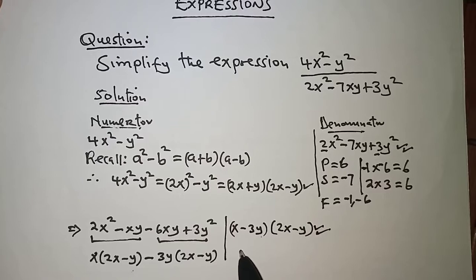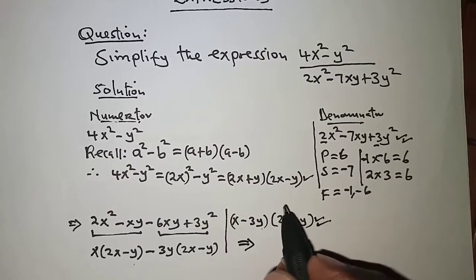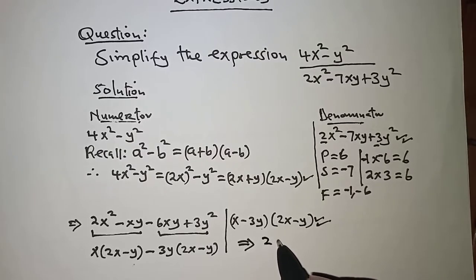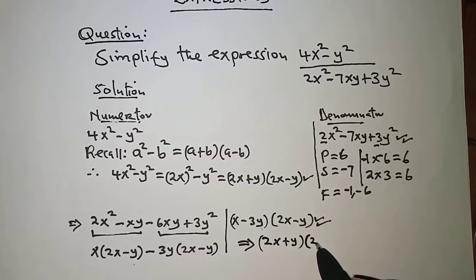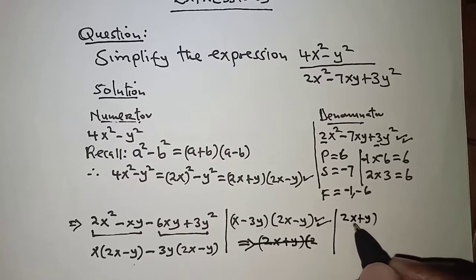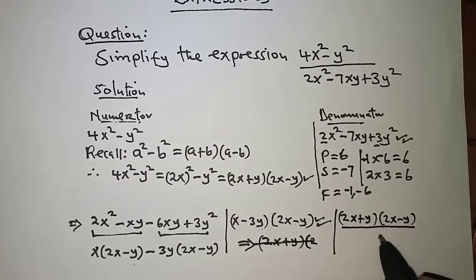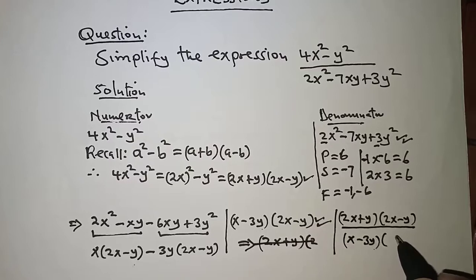So finally, taking the numerator over the denominator, we have the numerator, which is 2x plus y into 2x minus y, divided by the denominator, which is x minus 3y over 2x minus y.